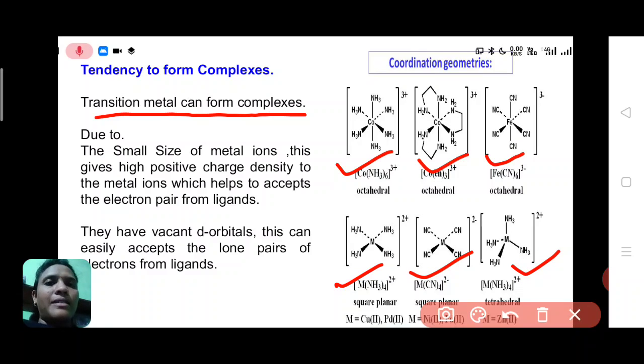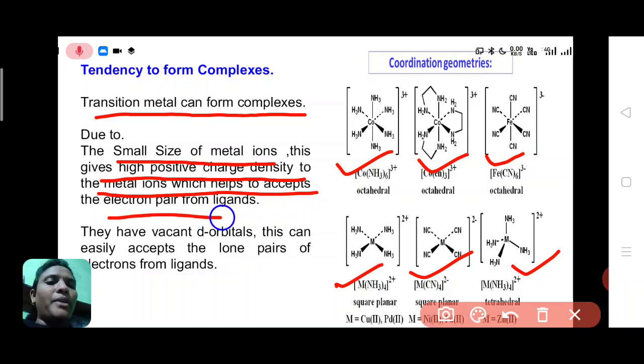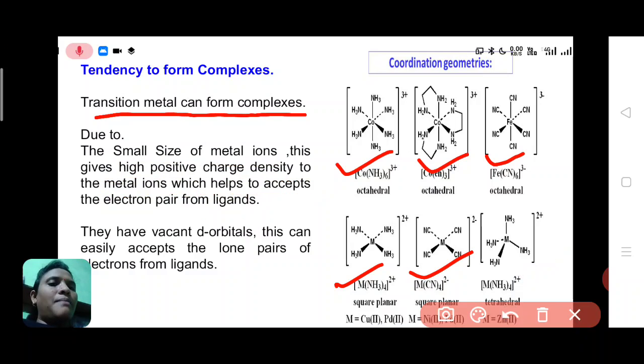So why can these transition elements form complexes? See, transition elements can form complexes because of the small size of their metal ions. This gives a high positive charge density to the metal ion, which helps it accept the electron pair from ligands.